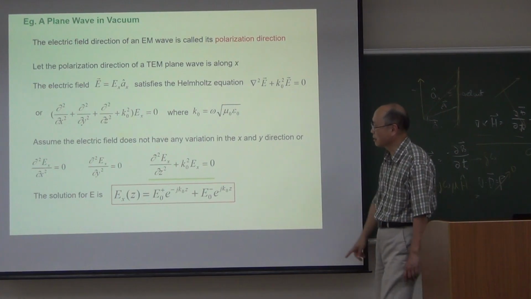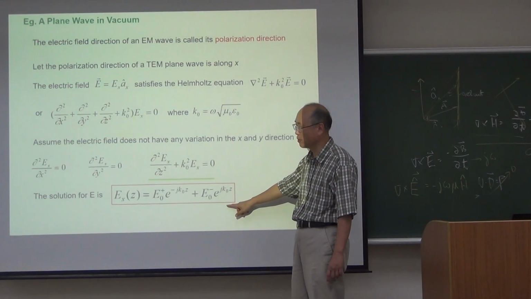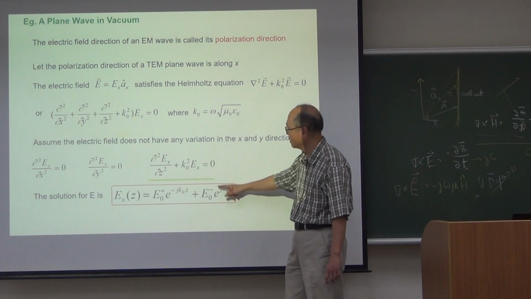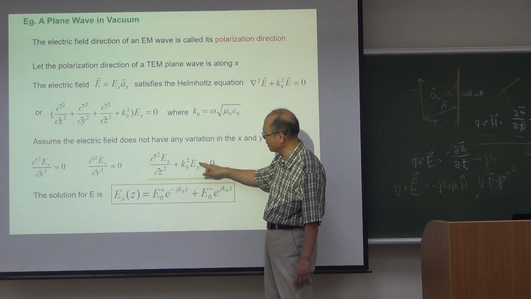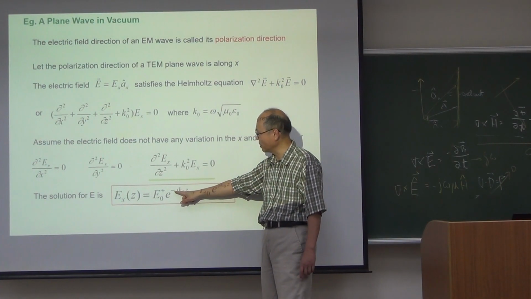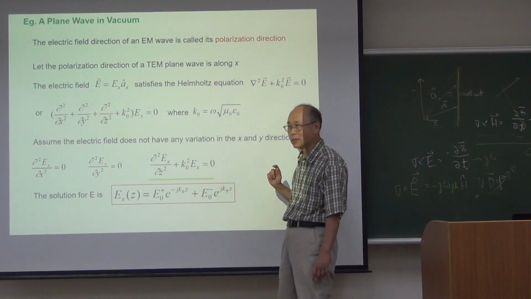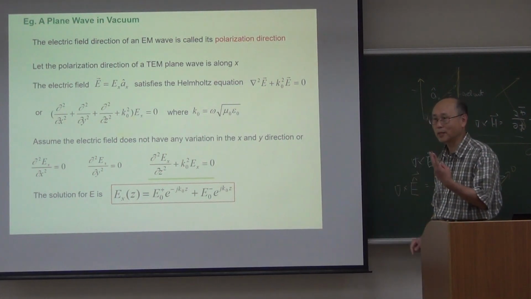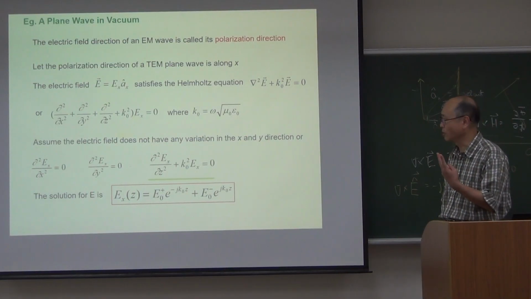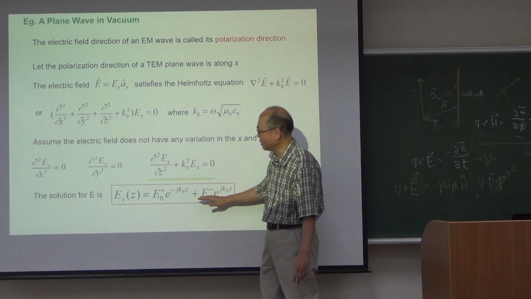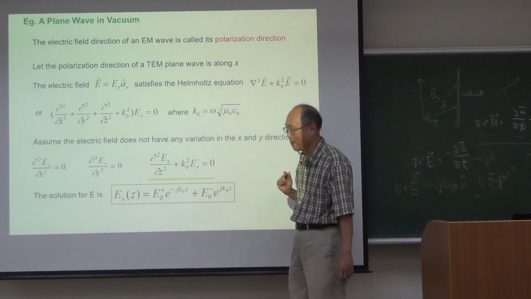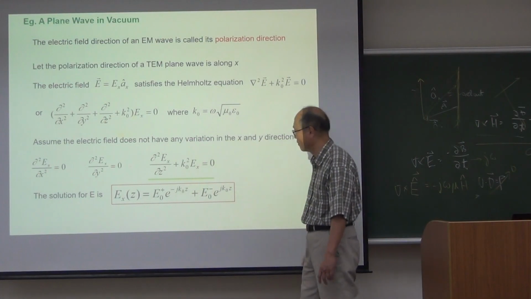Then we can write down the solutions of this one to be like this, and the solutions support this minus sign as well as this plus sign. So there are two possible solutions. So you write down an expression including all possibilities with some amplitude over there.